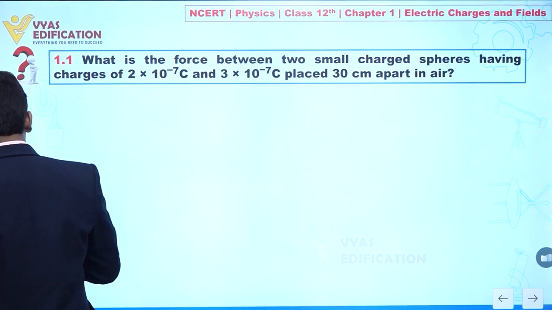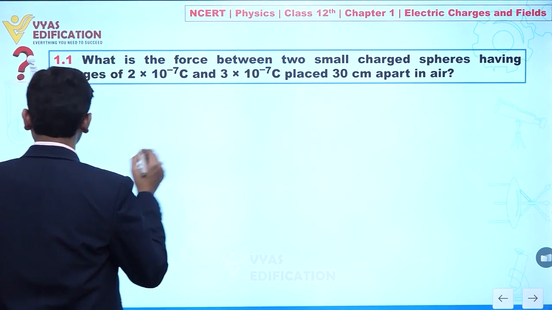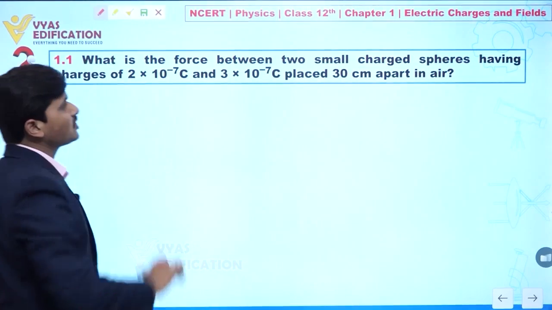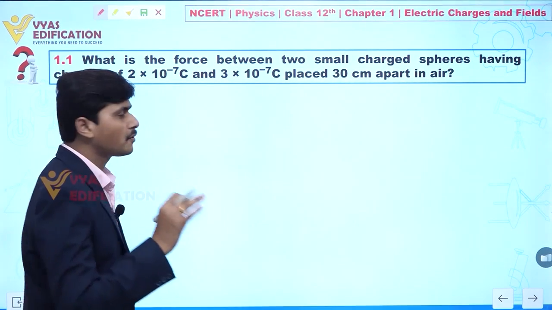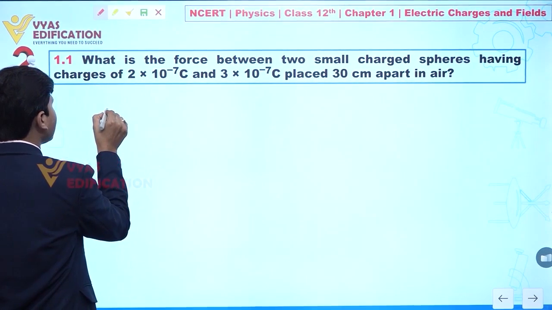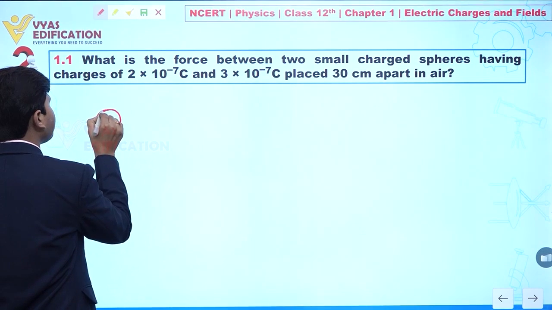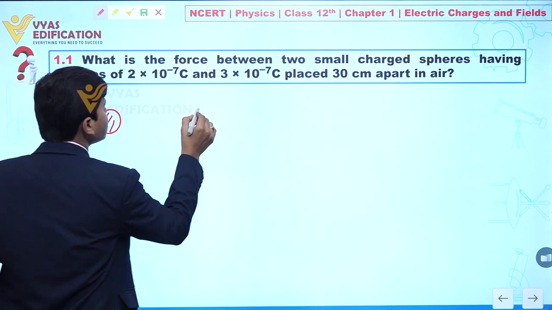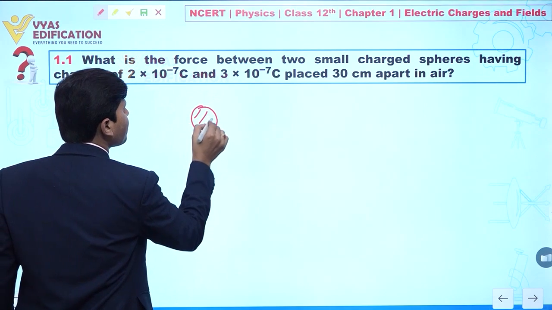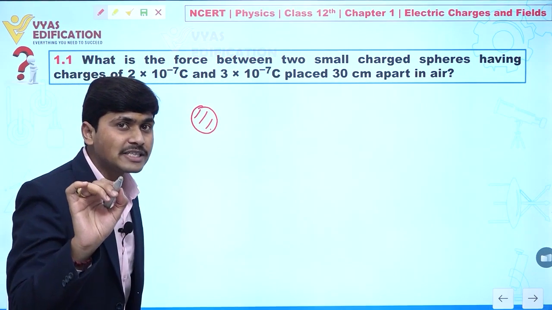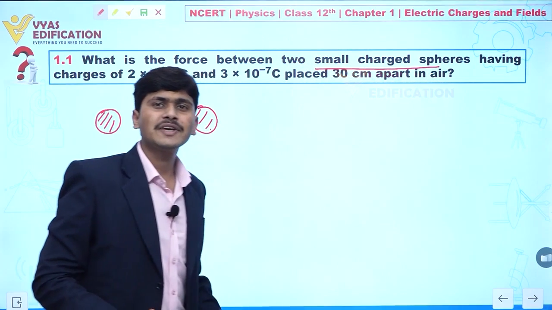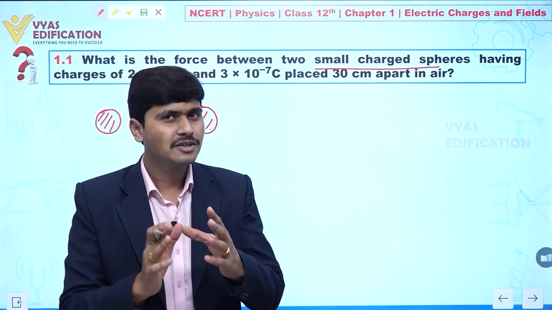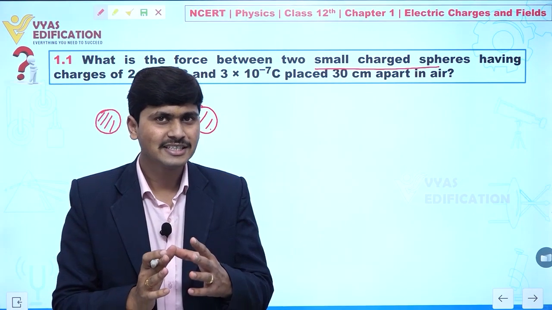In this question it is given to you, we have two small charged spheres, very important. Let's suppose this is one sphere and here we have one more sphere, clear? We can consider these spheres as point charges, yes or no?